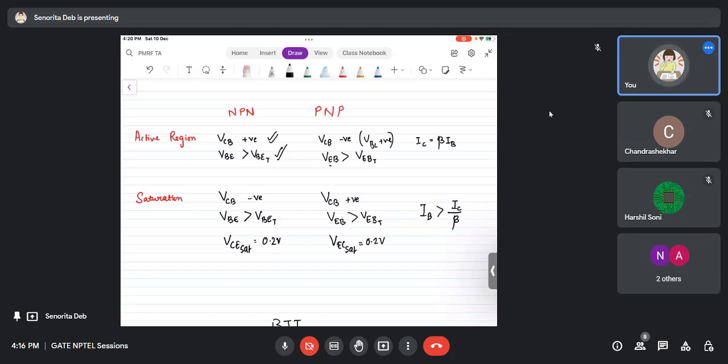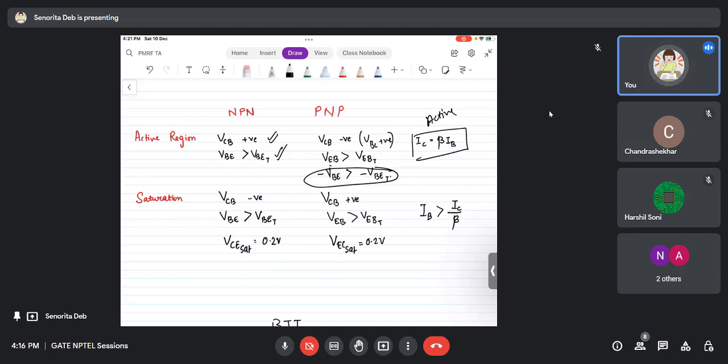This remains the same, only I have changed BE to EB. Suppose if you are saying BE, then negative of VBE is supposed to be greater than negative of VBE threshold, because VBE for a PNP will be negative, so automatically it will be positive. Okay, so this is the active region, and in this case IC is given by beta times IB. Only in the active region IC is given by beta times IB.